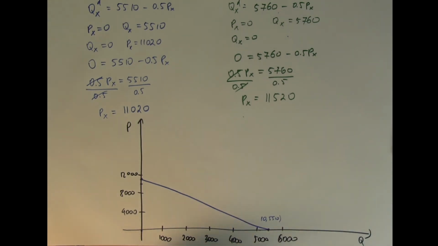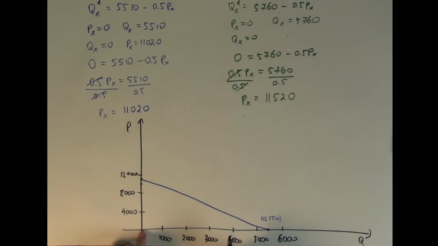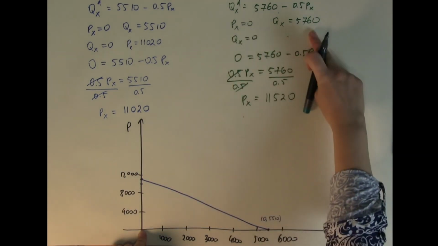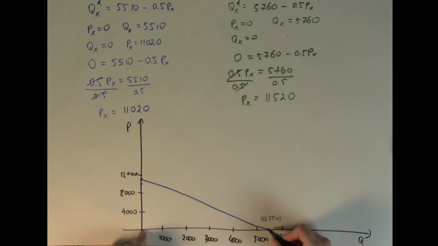Let's see how it changes for the green line. For the green line, when P is 0, Q is 5,760. Remember, this was 5,500, so 5,750 would be somewhere halfway between, so it's just a little bit before. Okay, and then this green would be the 0, 5,760 point.